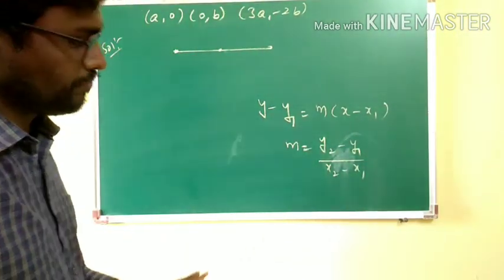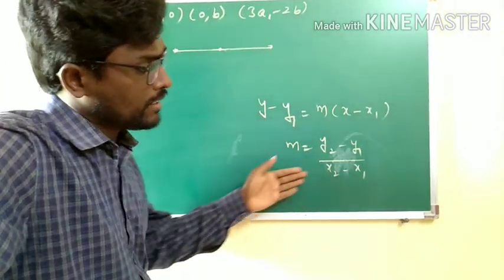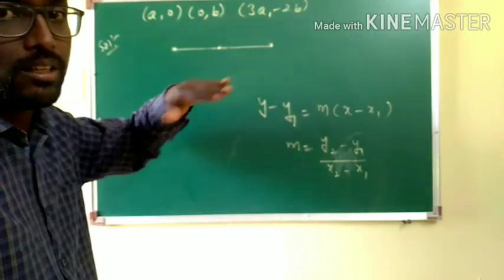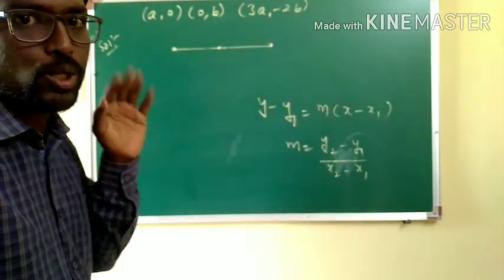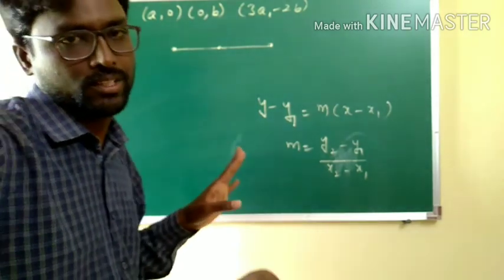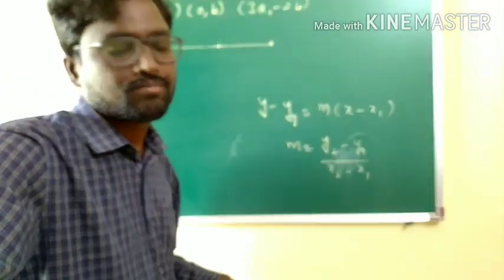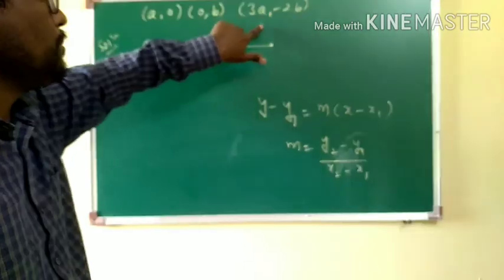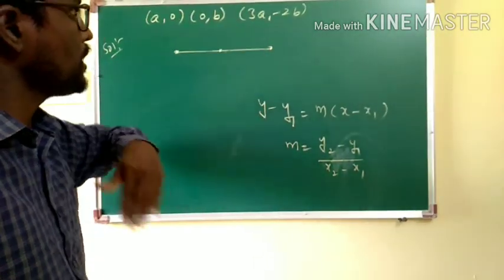After getting the line equation by taking any two of these points, you substitute the third point and prove that it satisfies the line equation. This is method 1. In method 2, you find the slopes of AB and BC and prove that both slopes are equal.